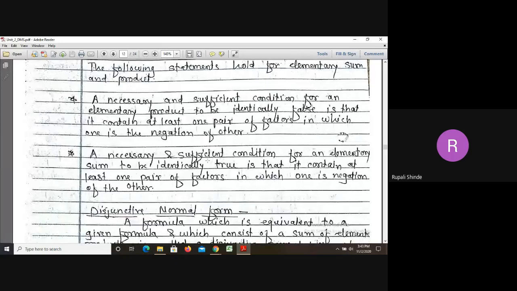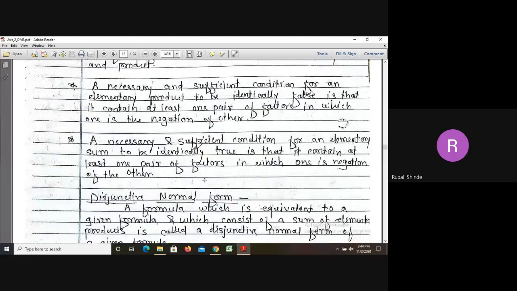Now likewise we can define the necessary and sufficient condition for the sum operation. It should contain at least one pair such that one is the negation of another. So likewise P or negation P, its value is true. So these are the two conditions.